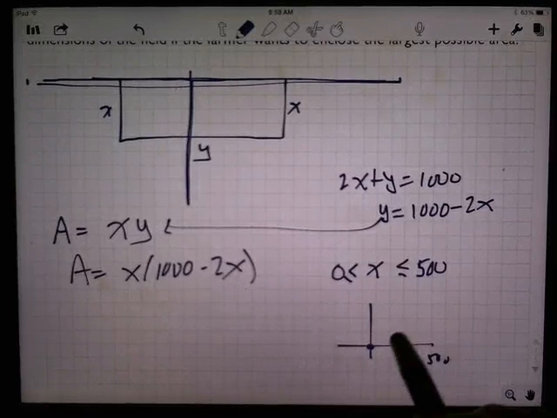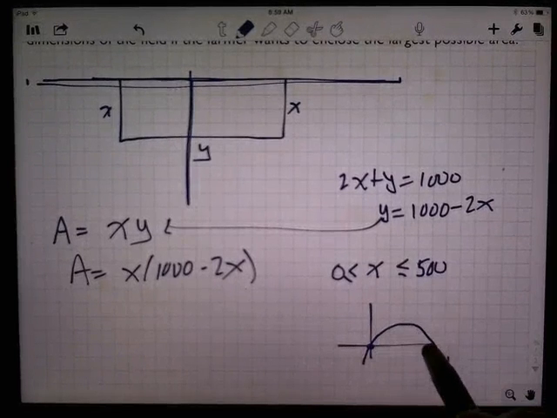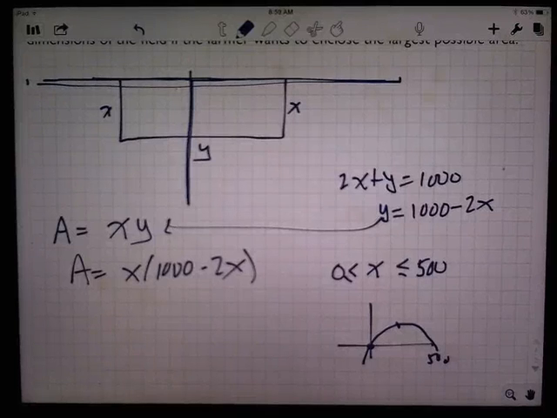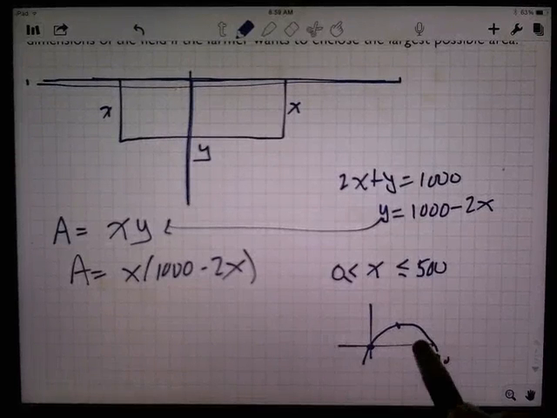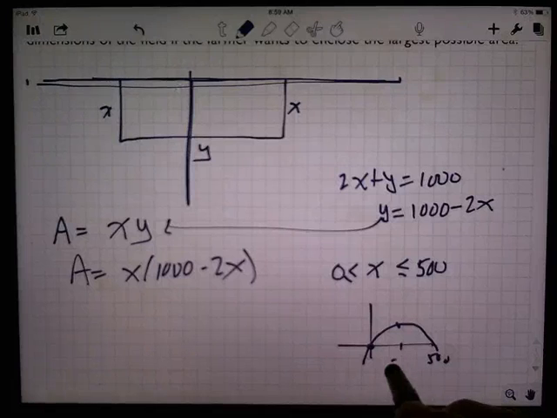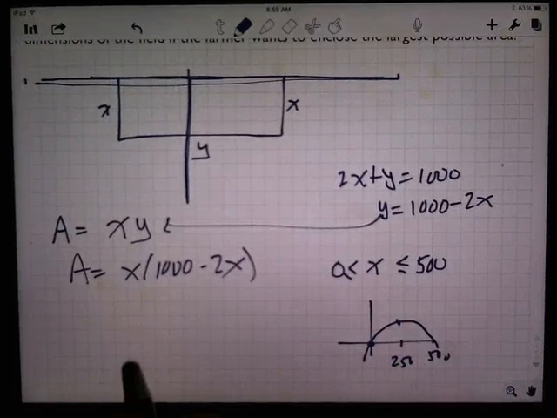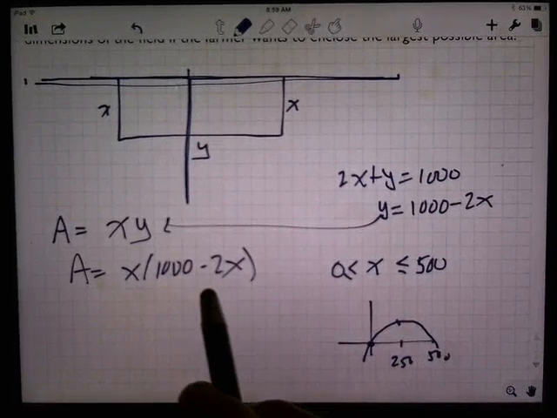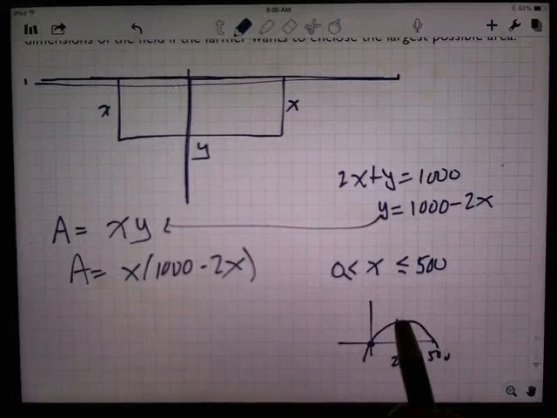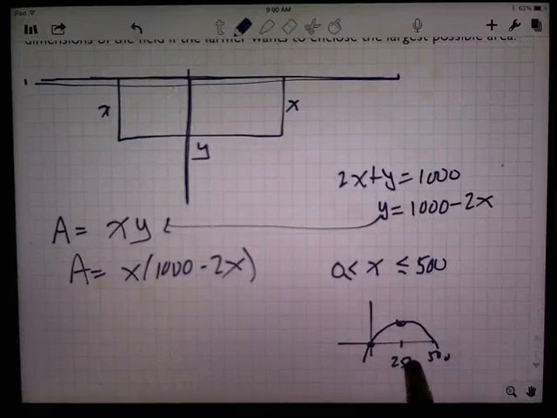And this is a parabola that opens downward. And so somewhere in the middle is going to be a maximum. In fact, I think I can say that the maximum happens at 250. Parabolas, quadratic functions, are symmetric about the vertex. So anyway, I'm going to do the calculus anyway, but I already know the answer is at x equals 250.